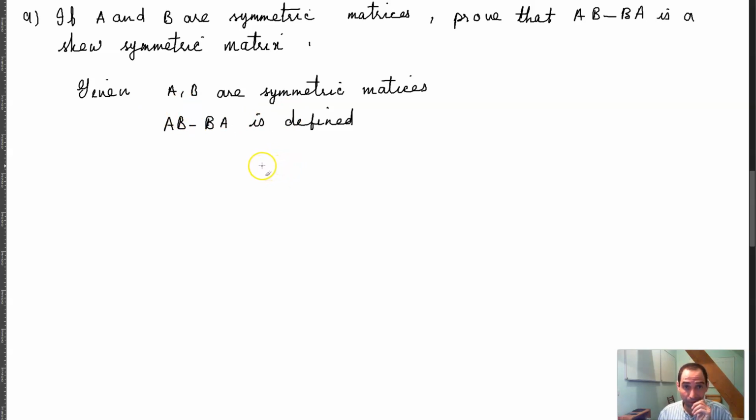And therefore you want to prove that AB minus BA is skew-symmetric.